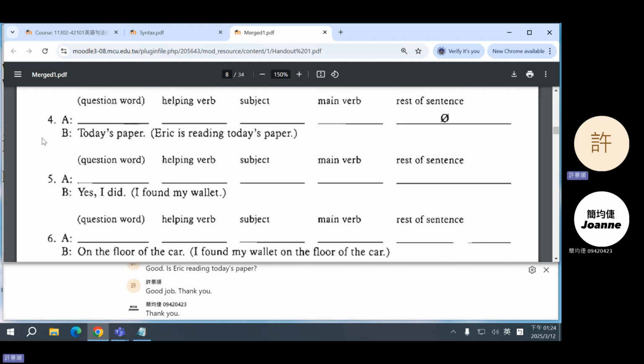Number 4, 李宗伟。宗伟，我刚才看到他。Okay. 杨振汉. Number 4. If the answer is today's paper, what's the original question?